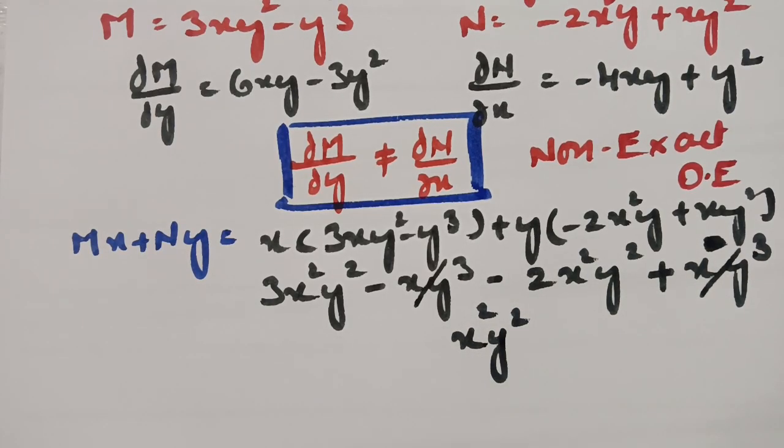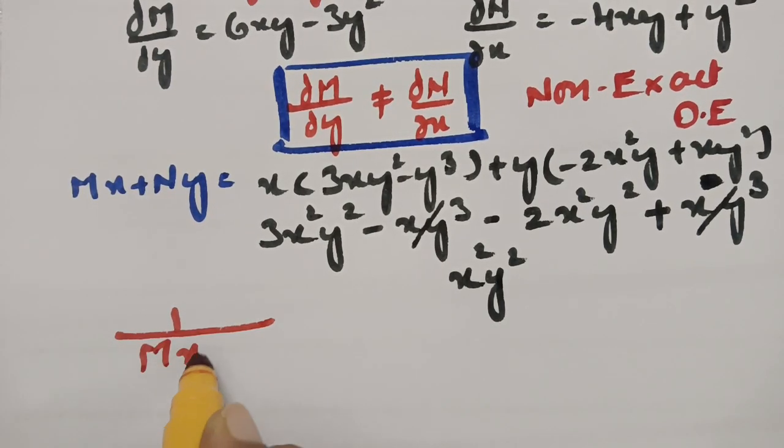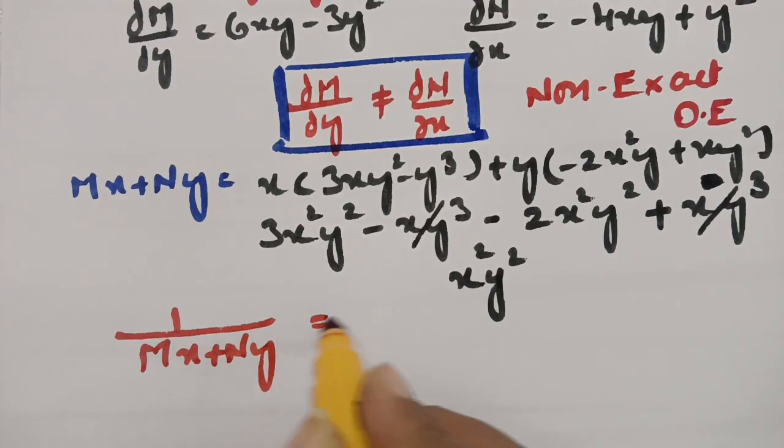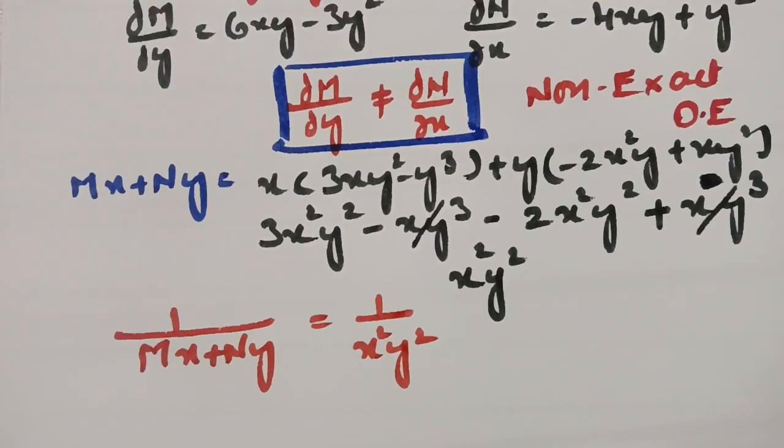So now the integrating factor, 1 by (Mx + Ny), is 1 by x²y².